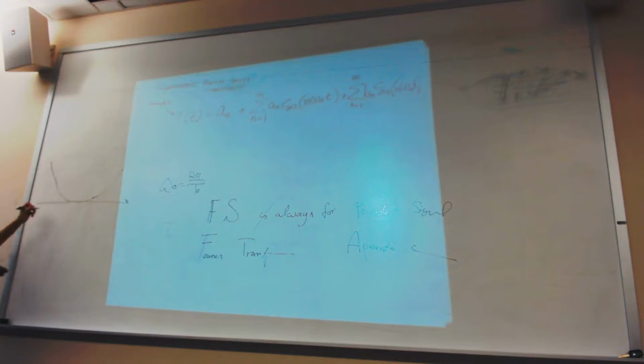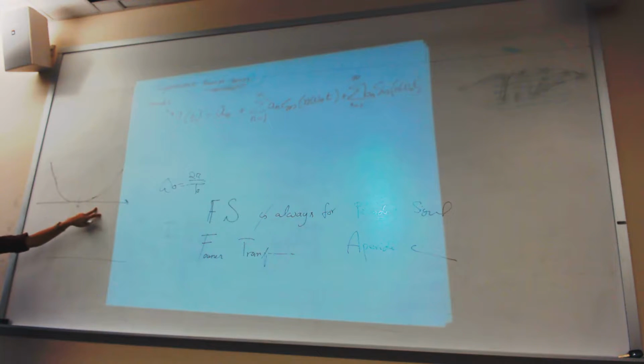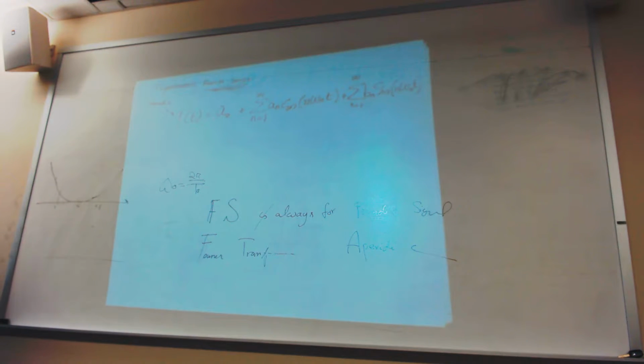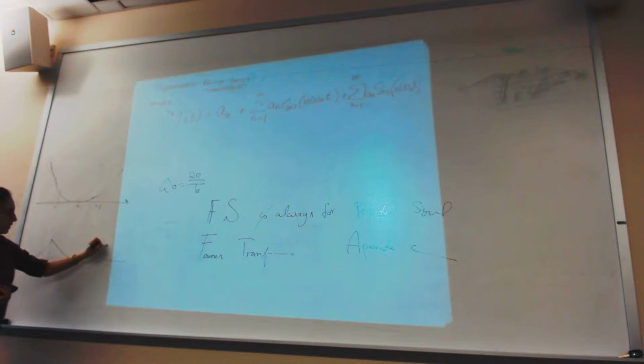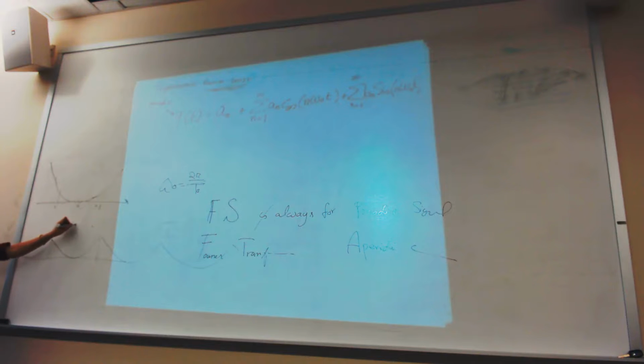So t squared is not periodic, right? However, what was the range? Do you remember? -1 to 1. So I asked you to find a Fourier series for this signal from -1 to 1. What you have to do is keep the same signal from -1 to 1, but then repeat it. You make it periodic, and for this I can write the Fourier series.